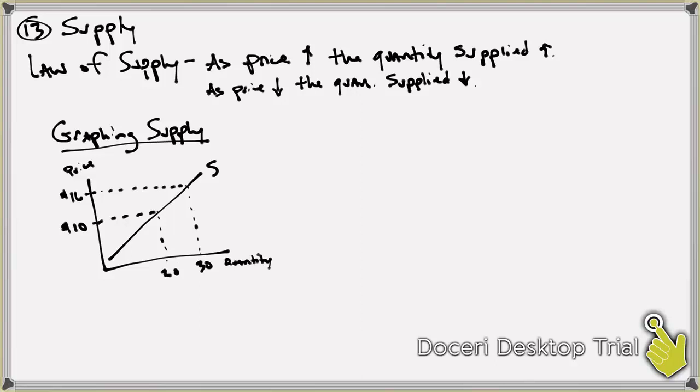And when the price was at, let's say, 4, we were willing to work, let's say, 2 hours. So what you can see is that as the price increases, the amount of time that we were willing to supply also increases. That's the law of supply. And we can do this with anything that is being supplied in our economy.